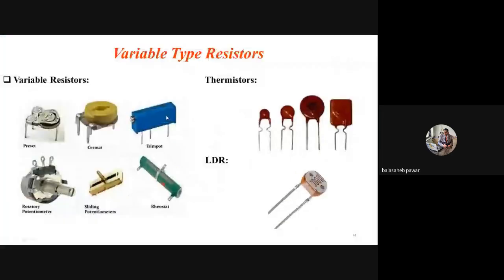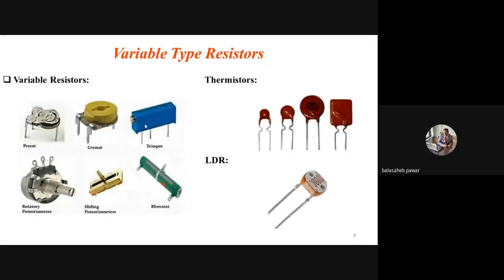Can you see the cursor which I am showing on the screen? Yes, sir. Okay, so these two devices we will now compare. Consider both devices have a maximum resistance of 10 kilo ohm.